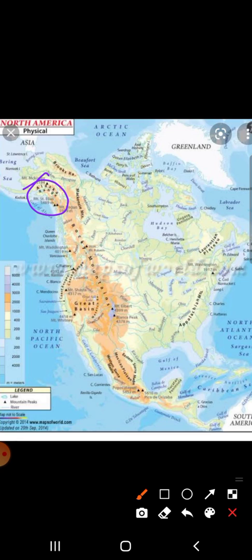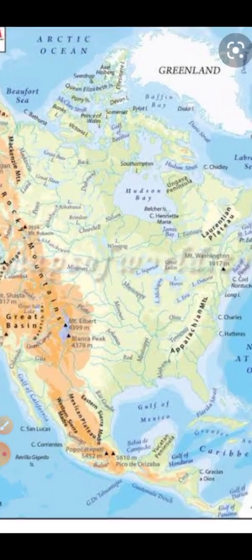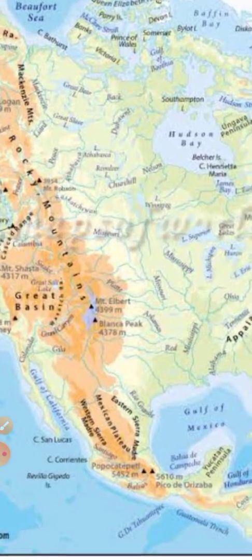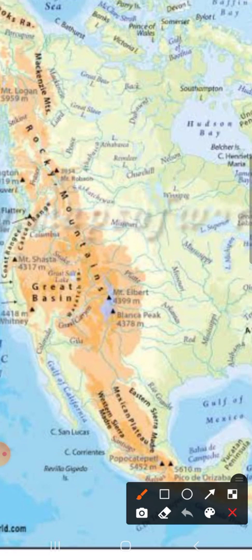And you can see the Cascade Range here, and also the Sierra Nevada range.